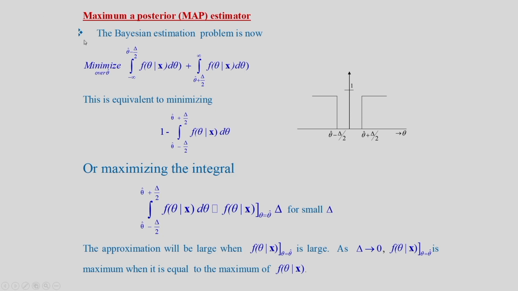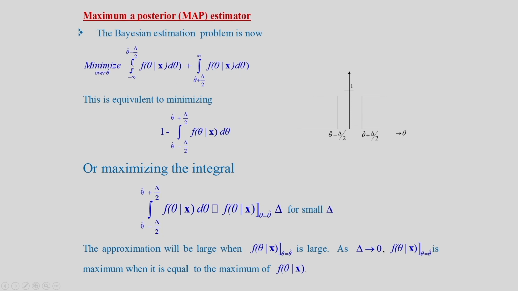Thus, the Bayesian estimation problem is now to minimize over theta hat the integral from minus infinity to theta hat minus delta by 2 of f of theta given x d theta plus the integral from theta hat plus delta by 2 to infinity of f of theta given x d theta.